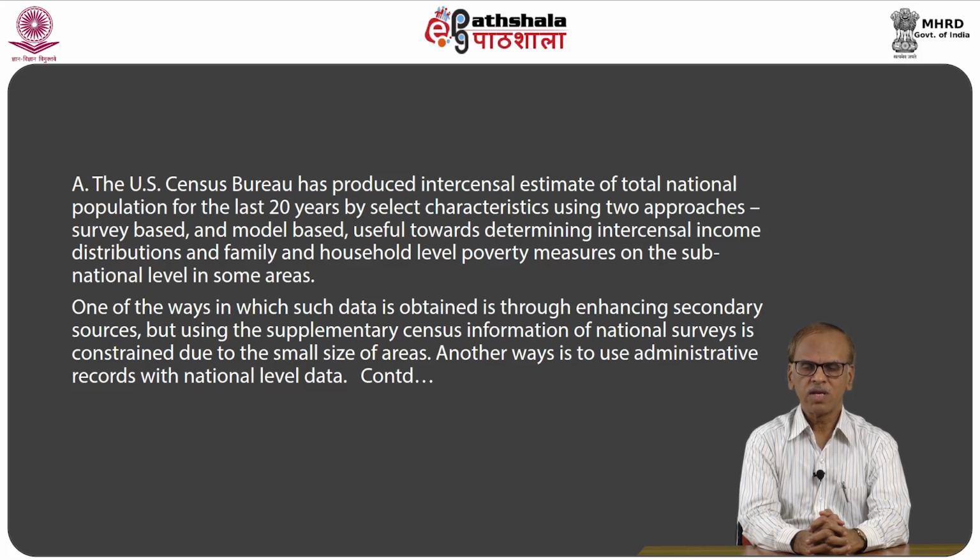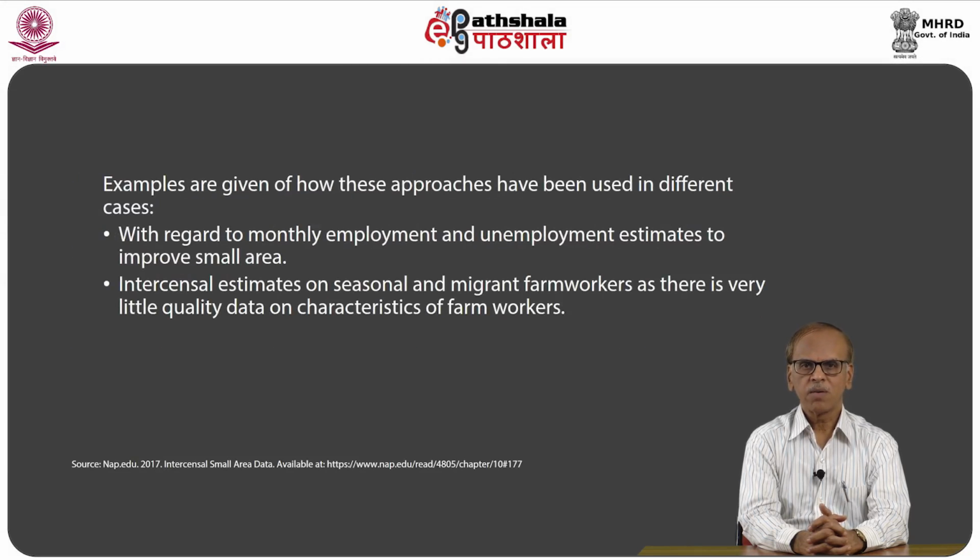One of the ways in which such data is obtained is through enhancing secondary sources, but using the supplementary census information of national surveys is constrained due to the small size of areas. Another way is to use administrative records with national level data. Examples are given of how these approaches have been used in different cases.